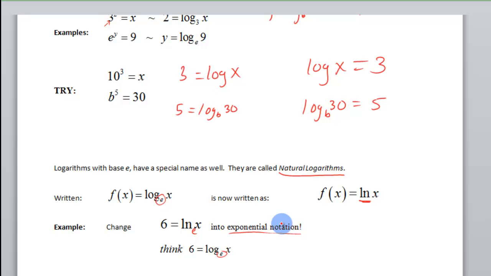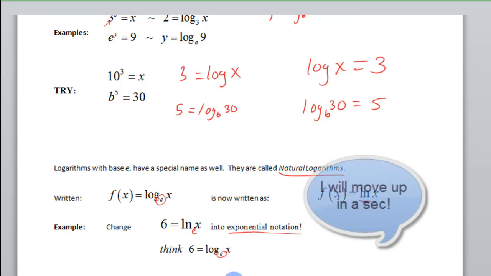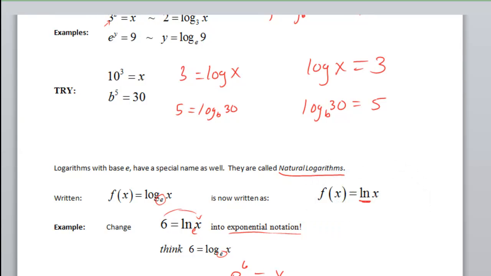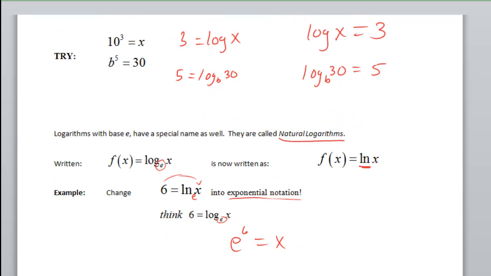That's all it means. So my base is e. What's it equal? The exponent. What's it set equal to? E to the 6 equals x. So base e to the 6 equals x. I know it's a little challenging at first, but remember, this means base 10, this means base e. That's all it does. There just means an e down there. Your calculator has that as well.